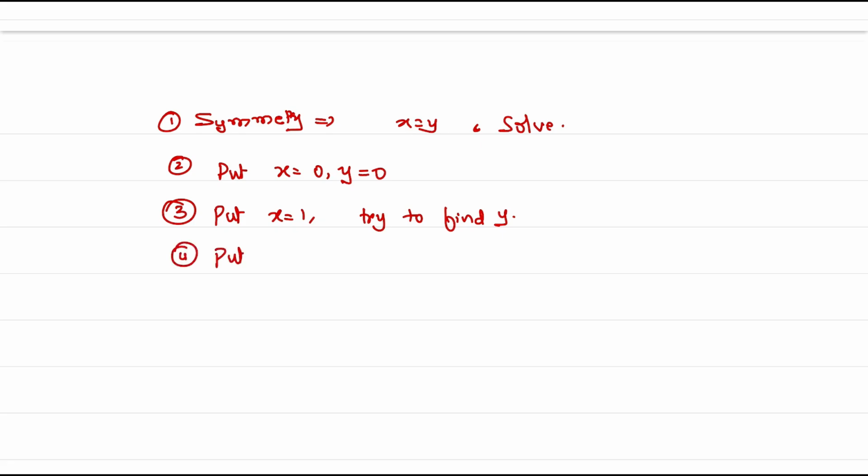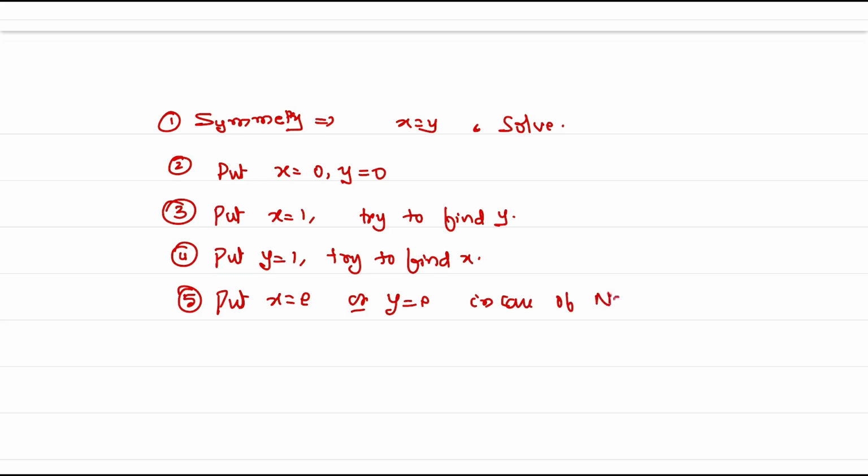Put y is equal to 1 and try to find x. And another is put x is equal to e or y is equal to e in case of natural log equation. In either of the cases, I think we will get the solution.